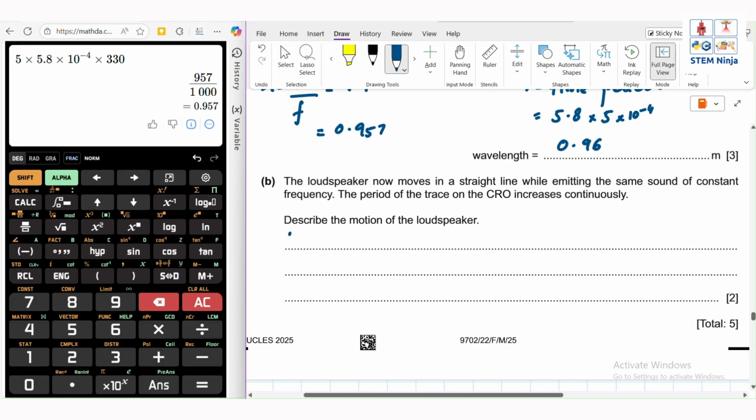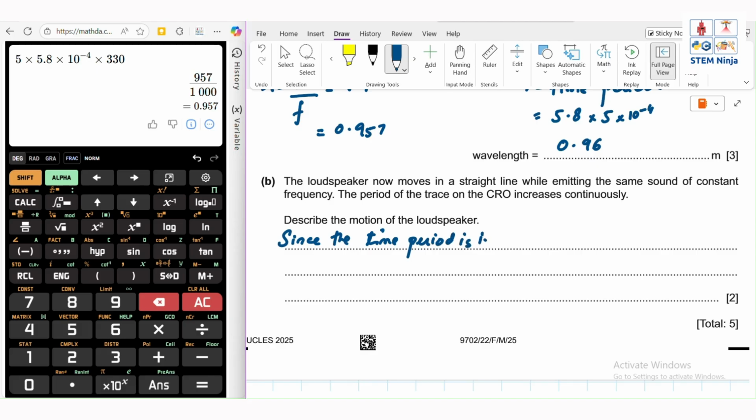Since the time period is increasing, the frequency is decreasing.